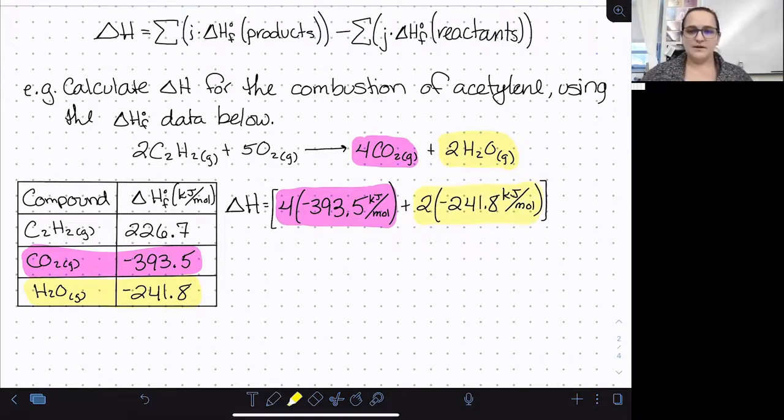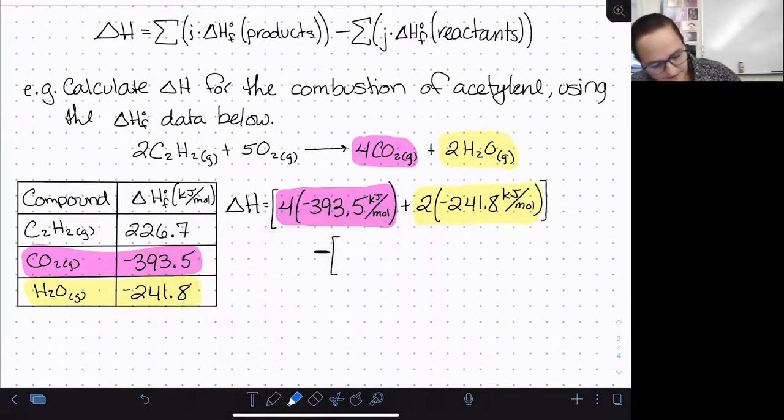So we have 4 times the carbon dioxide value plus 2 times the water value for heats of formation. And remember that this symbol just means add them together, so the sum of everything on the product side. And then from that, we're going to subtract the same process for the reactant side.